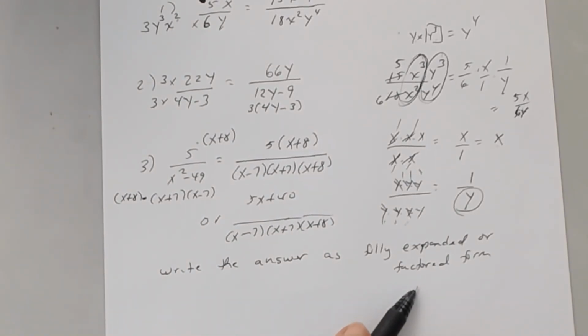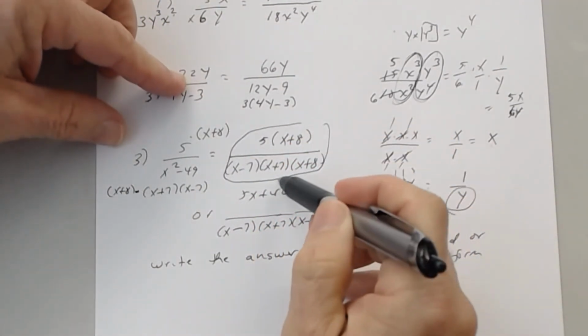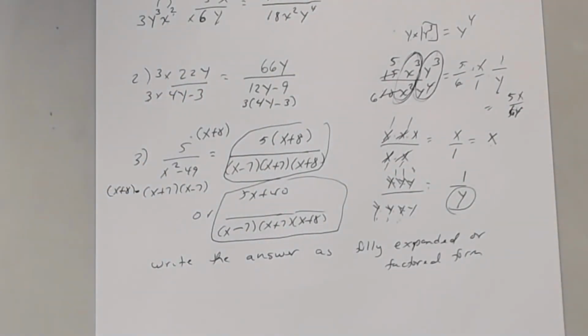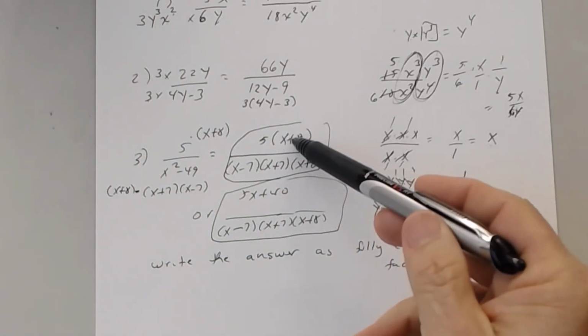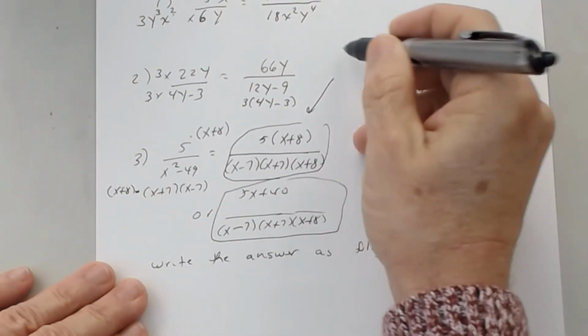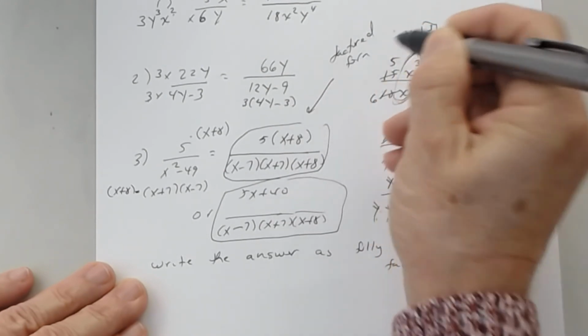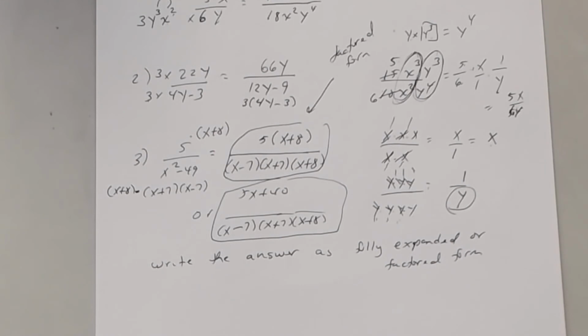I'm going to circle these two right here and ask you, which of those do you think is in factored form? The first one, right? Because the numerator is factored. So that's what they mean by factored form right here. Which one of those would be in expanded form?